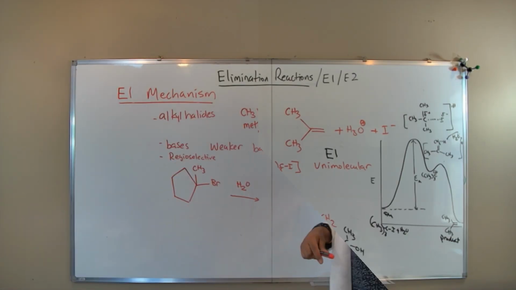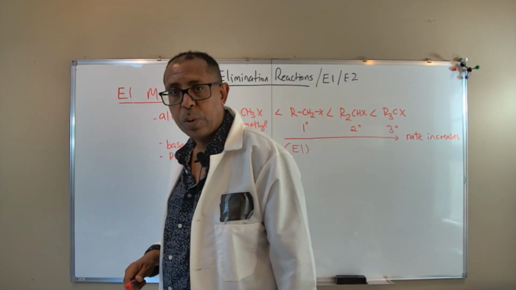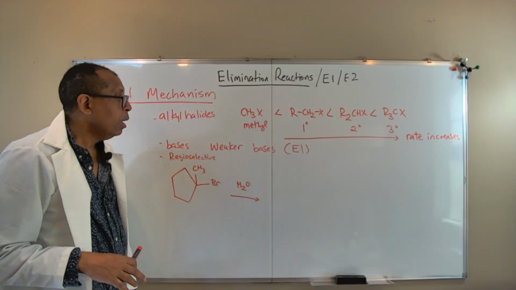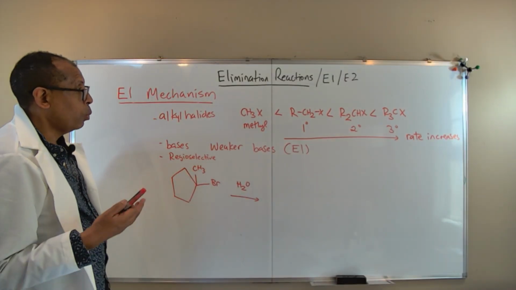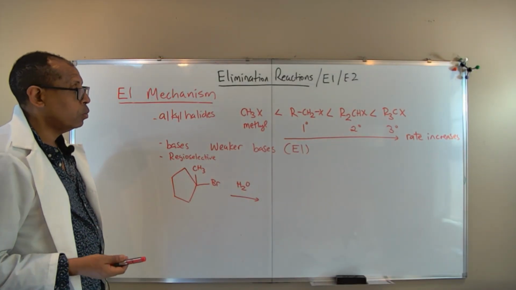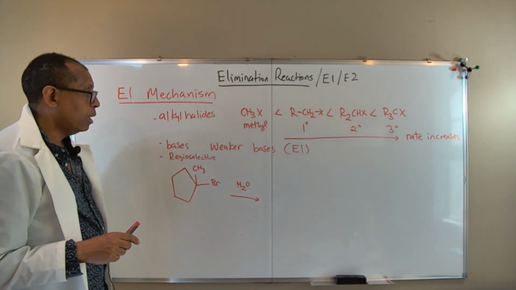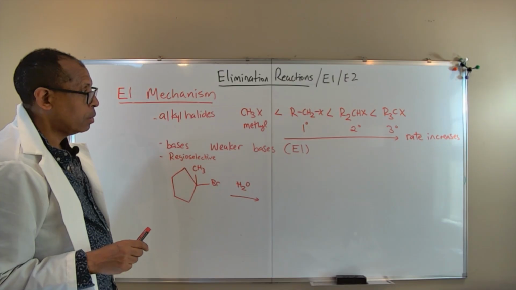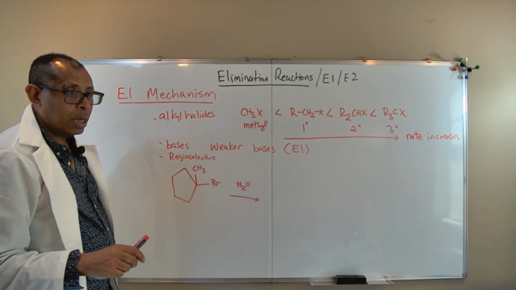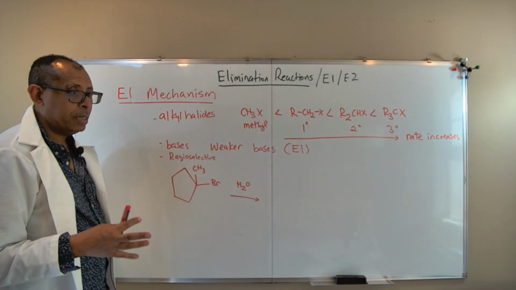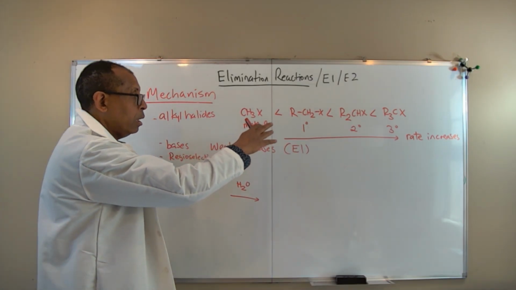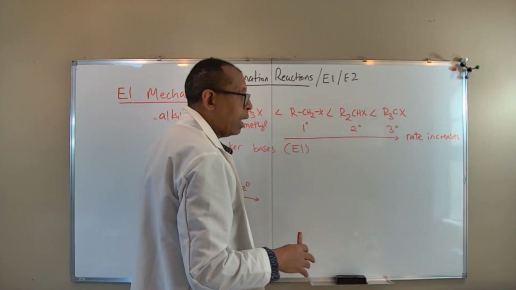The nature of the alkyl halide also is important, the same as what we saw in SN1, SN2, E2. Here, for the E1 mechanism to happen, you always need a highly substituted alkyl halide.